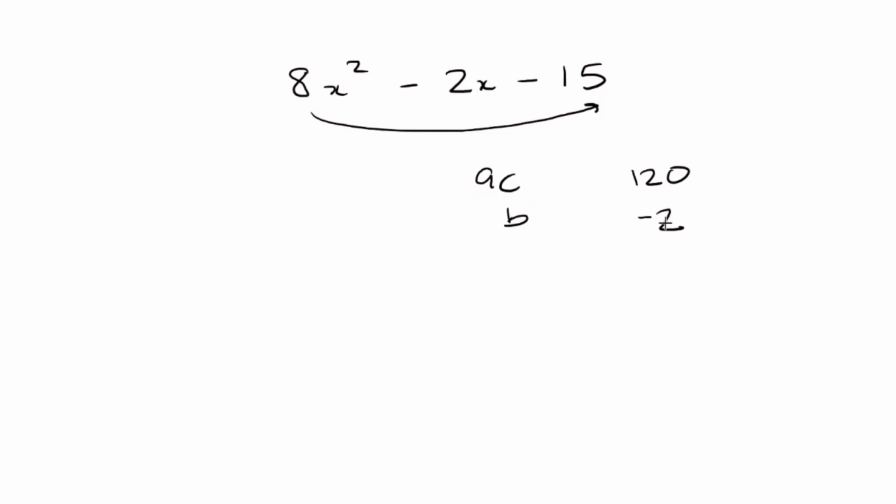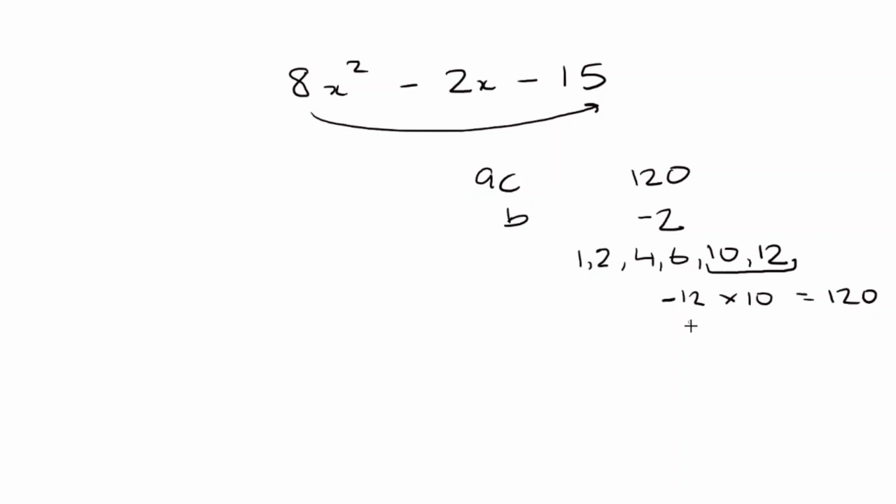Once again, let's start listing some factors. 1 goes into 120, so does 2, so does 4, so does 6, so does 10, so does 12. Let's stop there because I think I might already know where we're going. I think 12 and 10 are the numbers that might be helping us. We know that 12 times 10 is 120. However, 12 plus 10 does not add to negative 2.